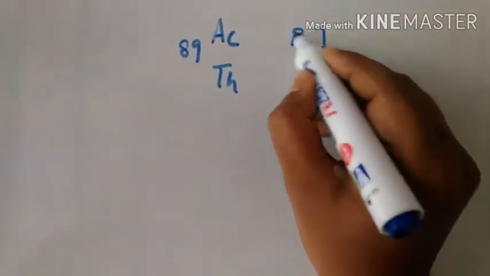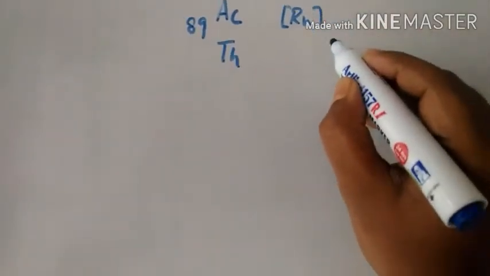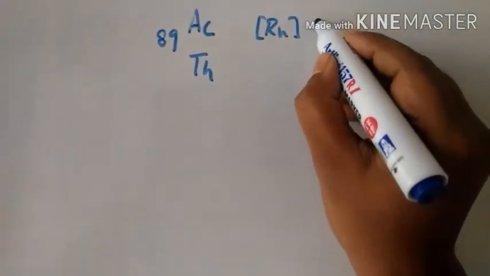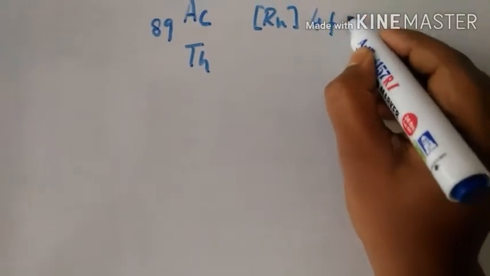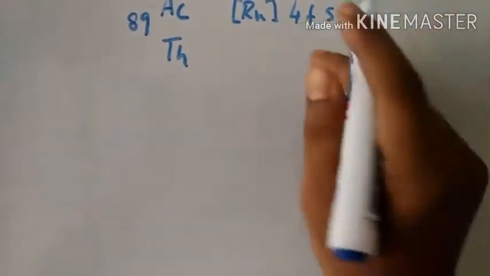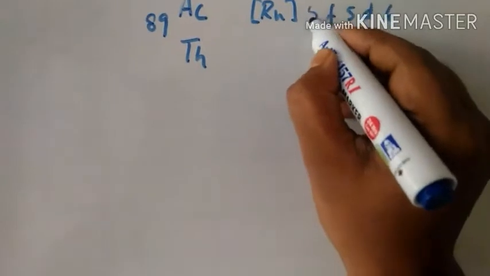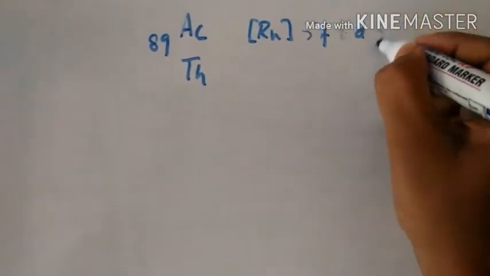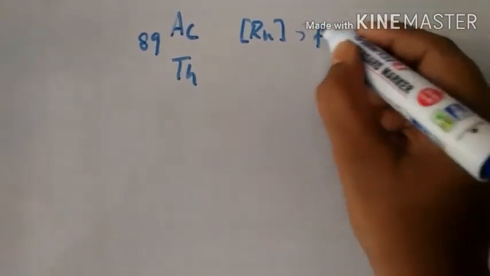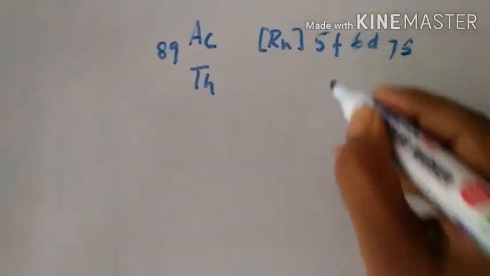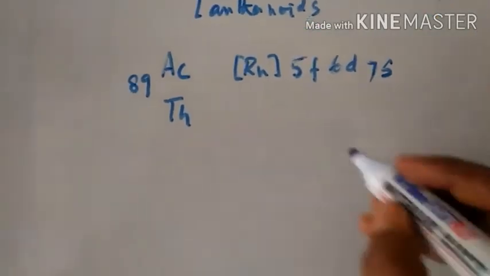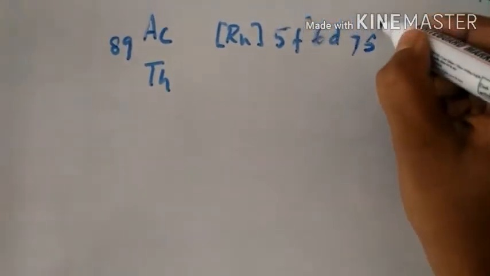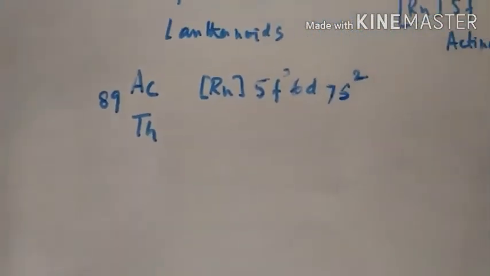first radon, and then actinium has no f electrons. So if we put over here 4f, 5d and 5f, 6d and 7s in place of actinium, then we are going to get 5f is 0 and 7s is always 2, because s always fills up with 2 electrons.